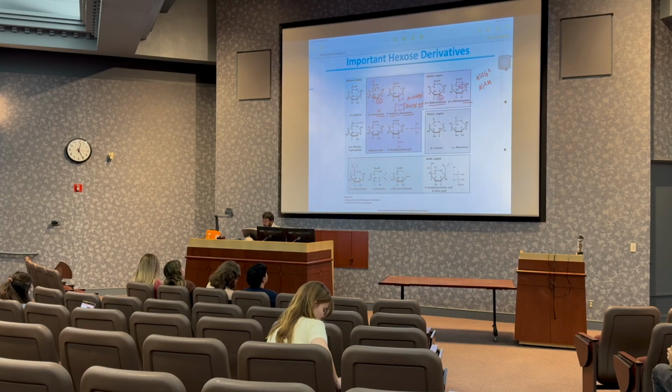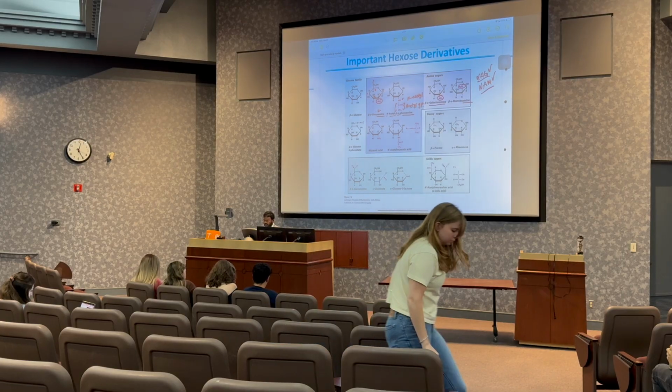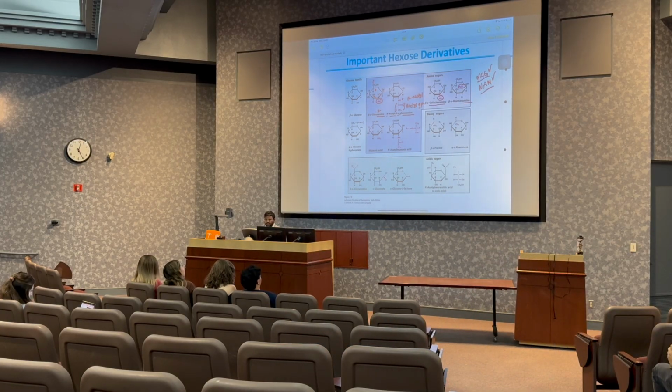NAG and NAM are two famous derivatives of hexose. They are derivatives of the same glucose structure, so it's easy to remember. You just have to know what is what: if they have an additional R group, which is this, it is called muramic acid, so N-acetyl muramic acid.